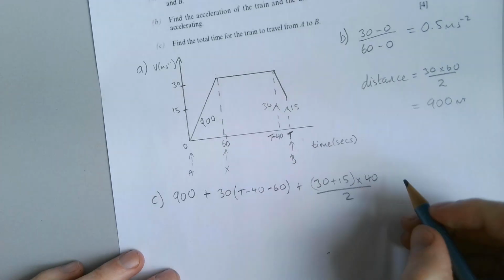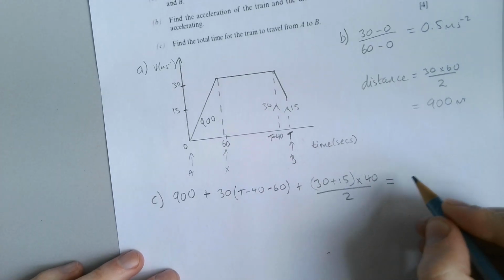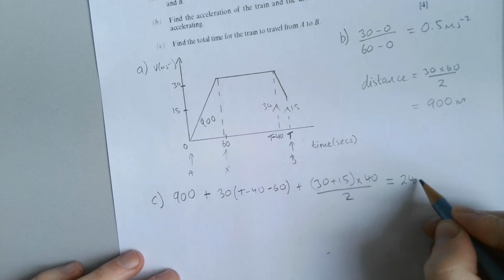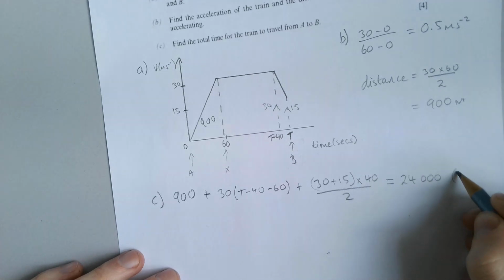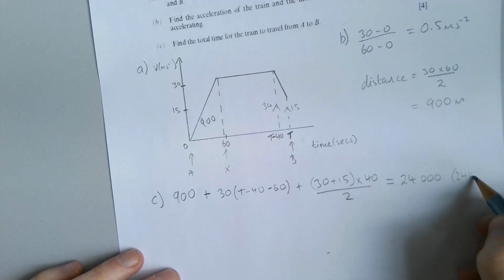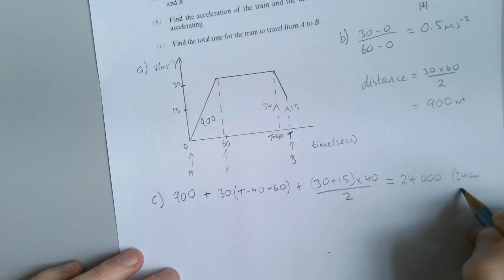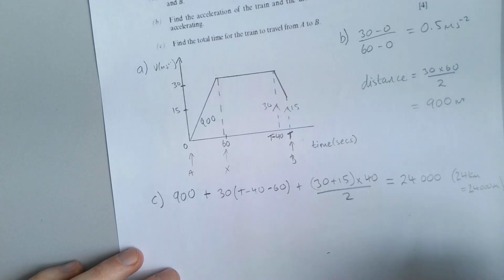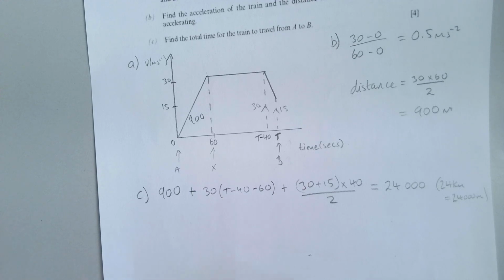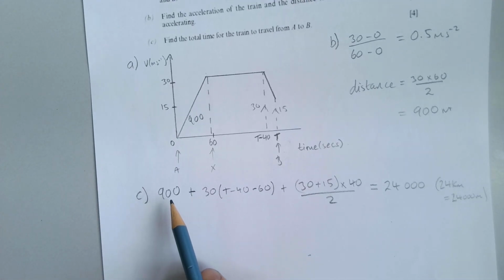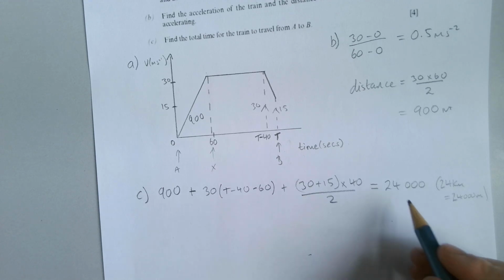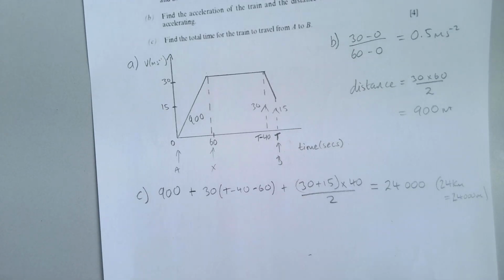There we are. Only thing left to do now is say that that is equal to 24,000, because that is 24 kilometers in meters. Why am I doing it in meters? Because that's in meters. We found that in meters, which means it's all in meters. So that's why we need that value there.